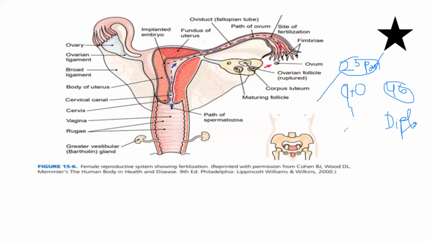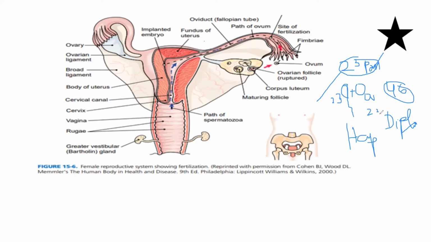From diploid, they become haploid, H-A-P-L-O-I-D. So we get 23 chromosomes from our father in the cell that we call sperm. From our mother, we get ovum, which also contains 23 chromosomes.